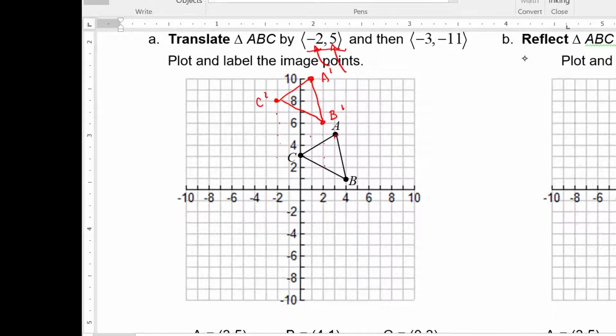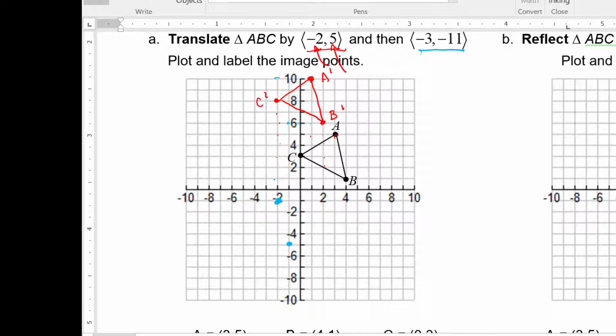And then I'm going to take each of these and apply this translation by this vector. So take B and go -3, 1, 2, 3, and then down 11. Take A, move it to the left 3, 1, 2, 3, and then go down 11.